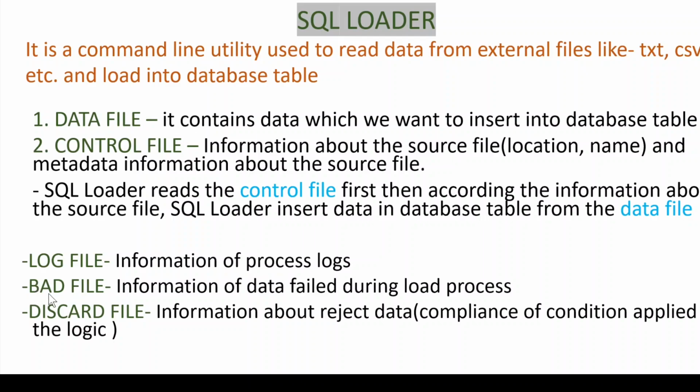The second one is the bad file. It keeps information of data fields that failed during the load process. And the third one is the discard file. It holds information about rejected data in compliance with the condition applied in the logic.